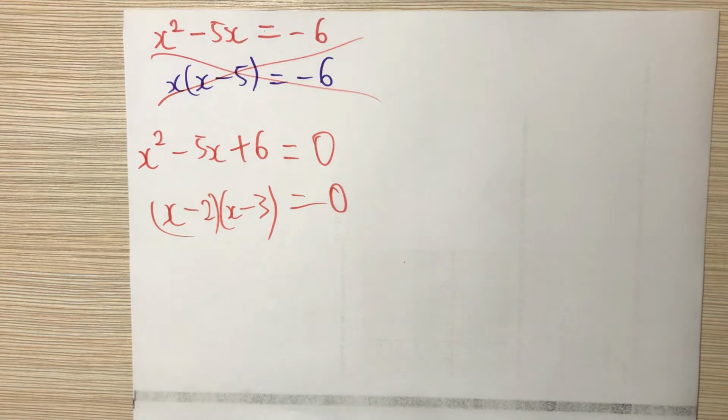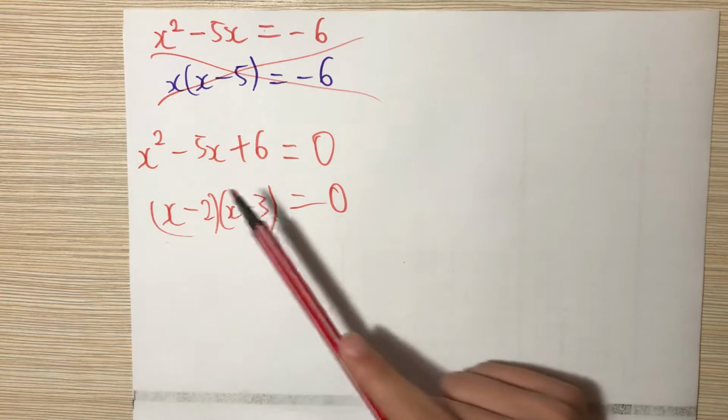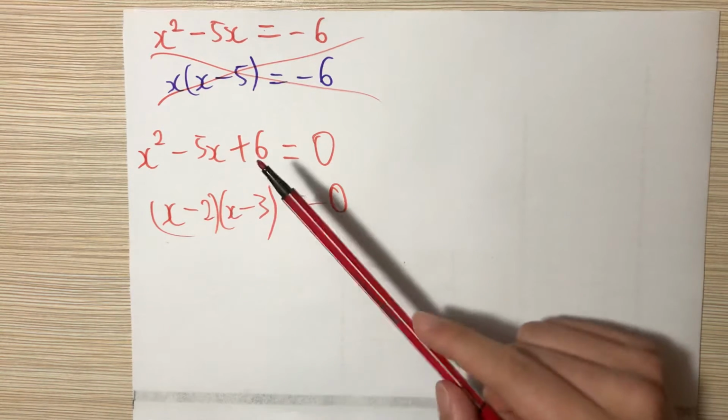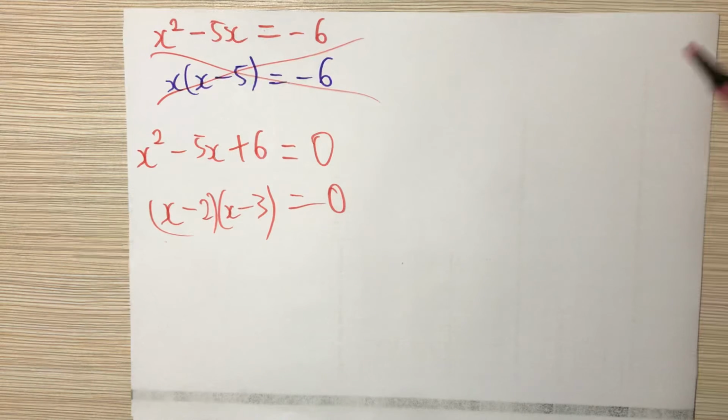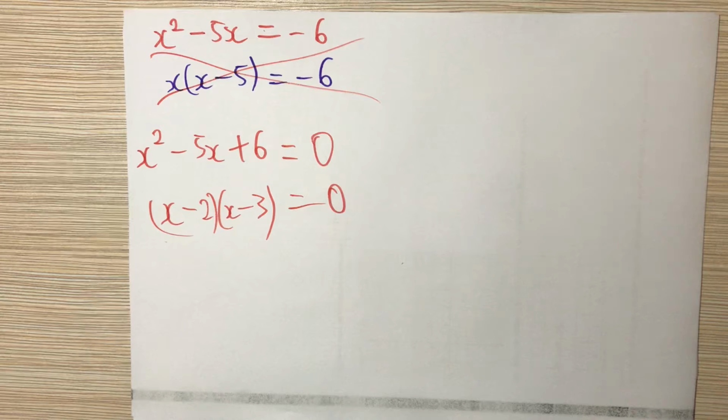Now, this is primary level. Why? Because you can use your brain. There are 2 factors multiplied, and it is equal to 0. So, no matter whether x minus 2 is equal to 0 or x minus 3 is 0, it's also going to give out 0.